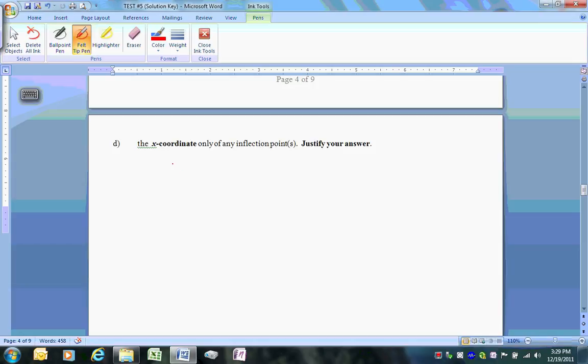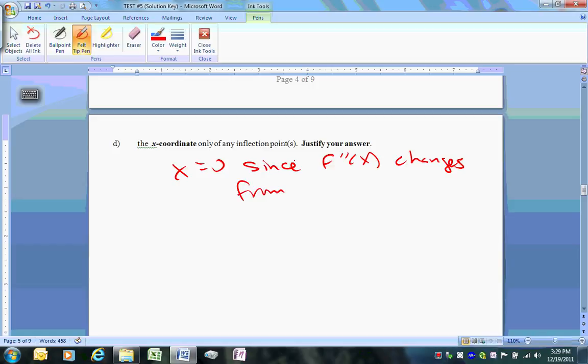So clearly at x equals 0, since f double prime of x changes sign, it doesn't really matter how it changes. And x equals 8/5 for the same reason.